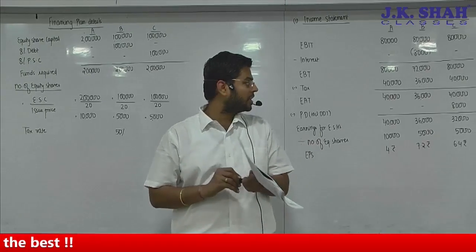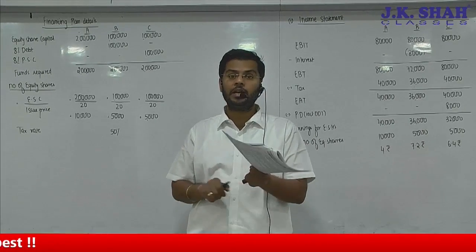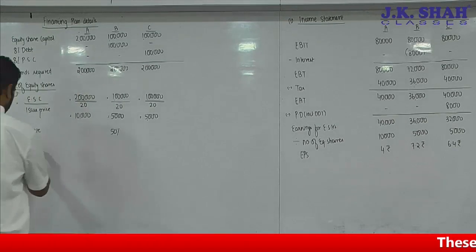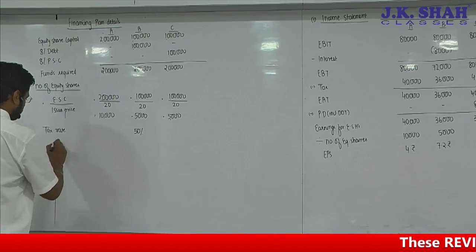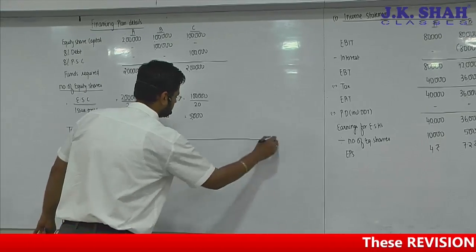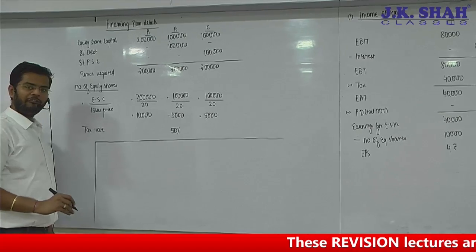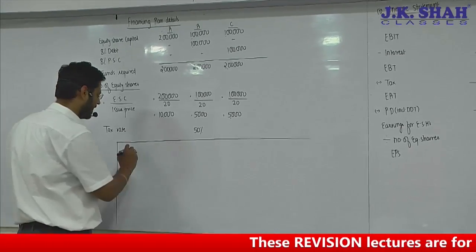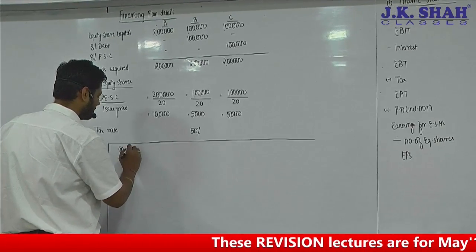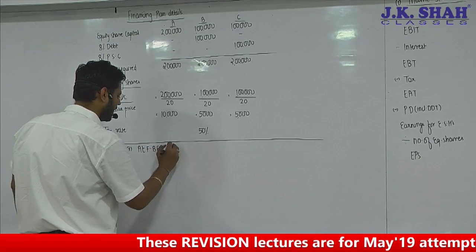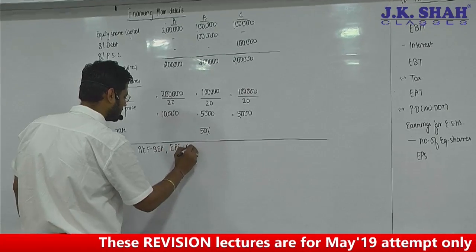Second is financial break-even point, that is nothing but FBEP. So let us understand this FBEP. I'm doing the calculation here, friends, for FBEP. What is the formula for FBEP? How did we calculate FBEP? What happens at FBEP? At FBEP, we break even, that is EPS equals 0.